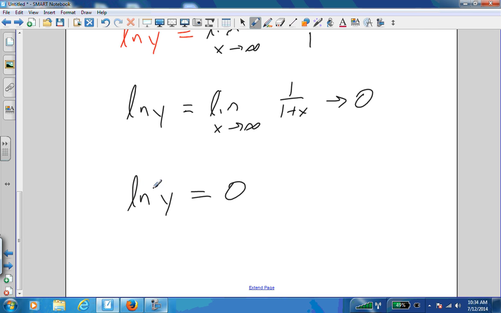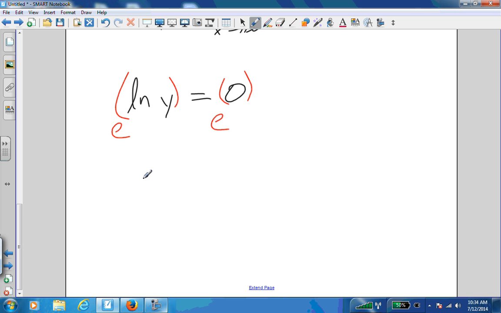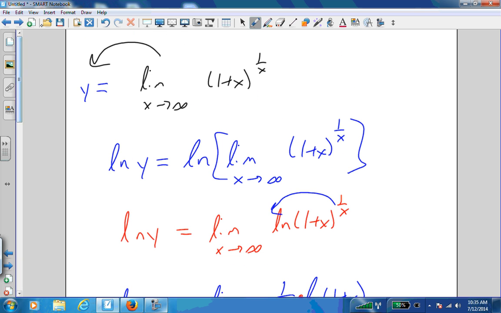So the natural log of our limit is 0. To undo the natural log, we do e to the natural log, and e to the 0. So e to the natural log undoes itself, and we get 1. So y equals 1, which tells us that the limit is 1.